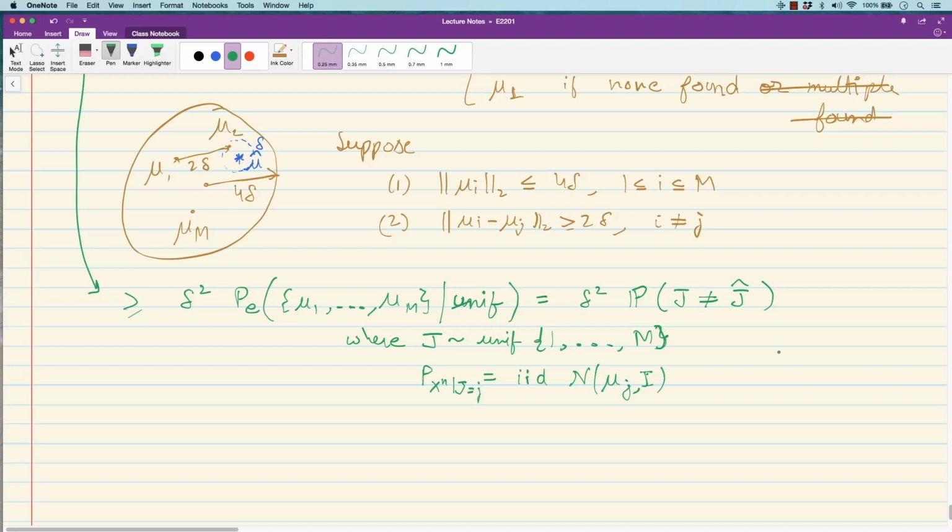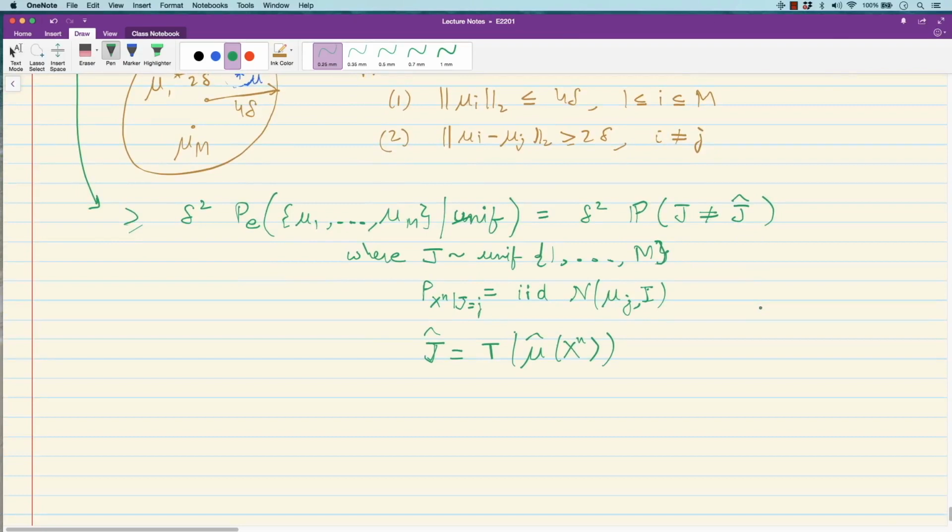And j hat is the output of the test, T of mu hat of x. So this is just the probability that j hat is not equal to j.